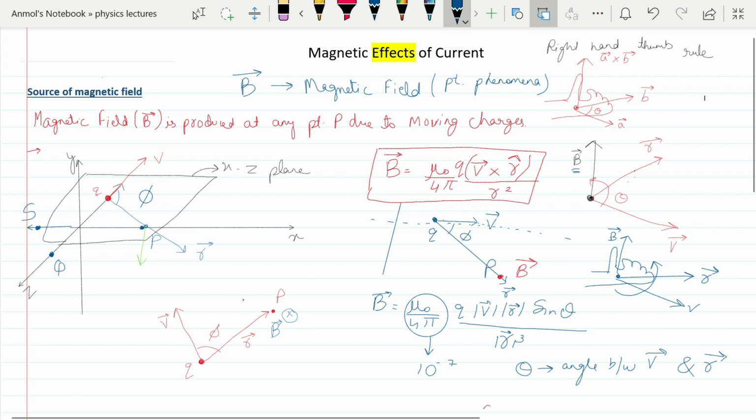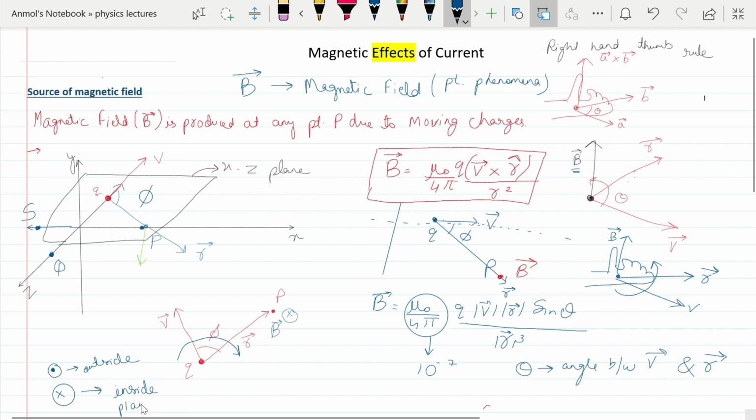So here I am going to show you what the direction will be. See here, if you rotate the fingers from V cross R in this direction, then take it as along the plane of paper. I hope all of you know that if I'm showing the direction of the magnetic field like this, it means outside the plane of paper, and if I'm showing this in this cross format, that means your vector is going inside the plane of paper.